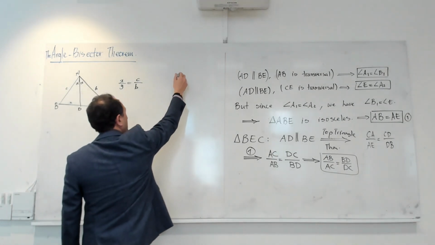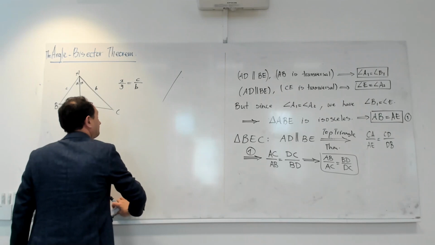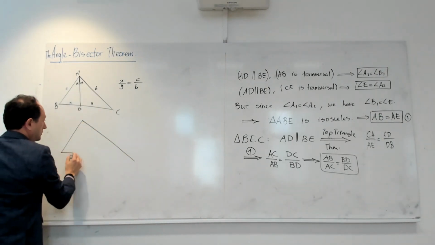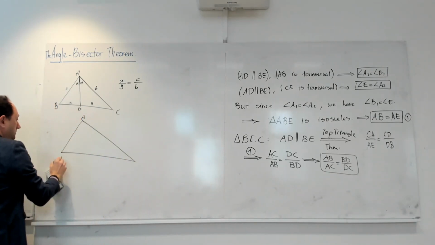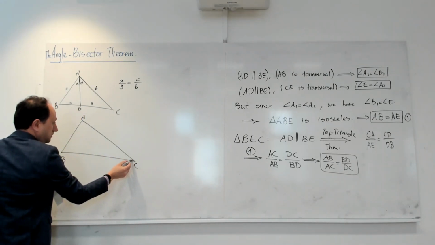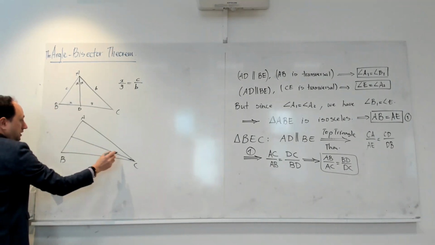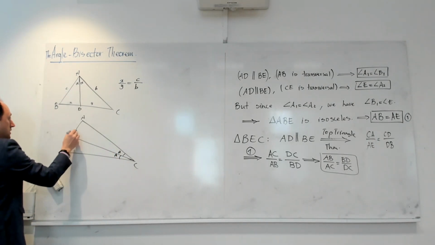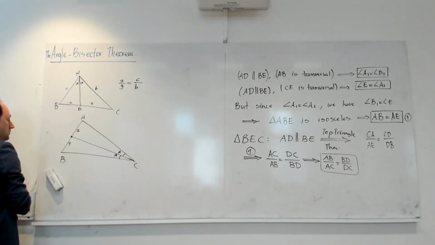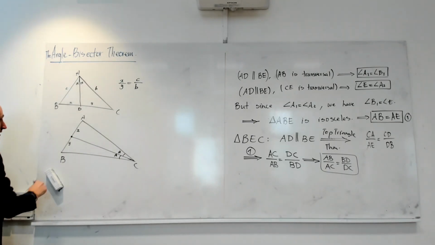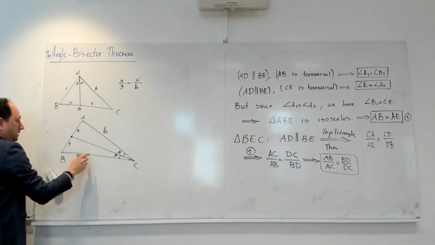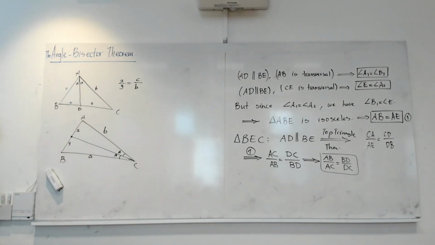So let me just draw another picture for you here. This is ABC, and this time let me divide this angle into two equal parts. So let me call this one beta, this one also beta. And then let me call this one x, this one y. The length of the opposite side to capital B is little b, and this one is little a.